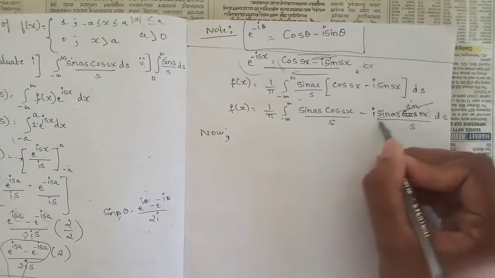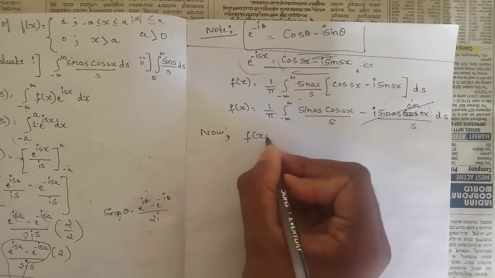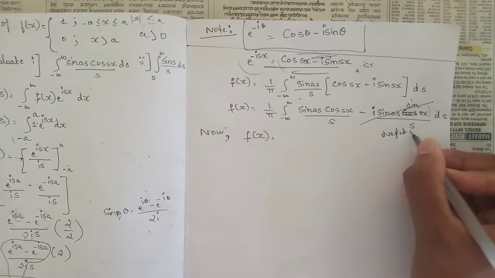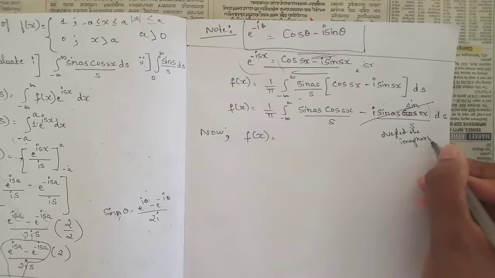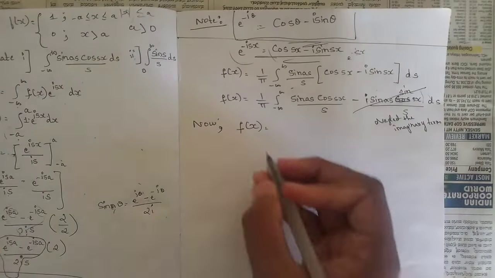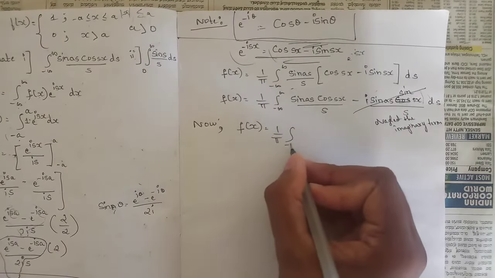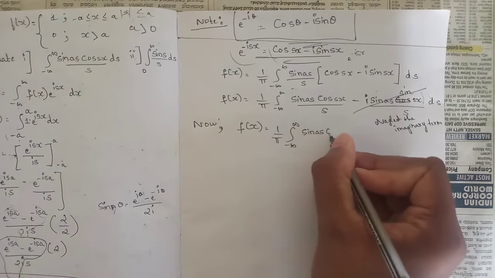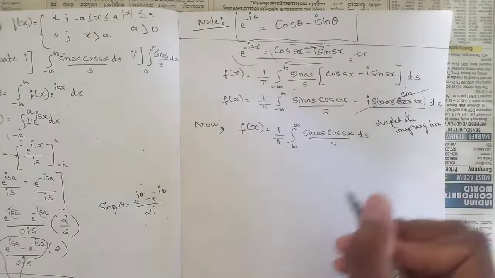So this whole imaginary term we can cancel. The required f of x would look like this: we need to consider only the real part, that is sin as into cos sx by s into ds.